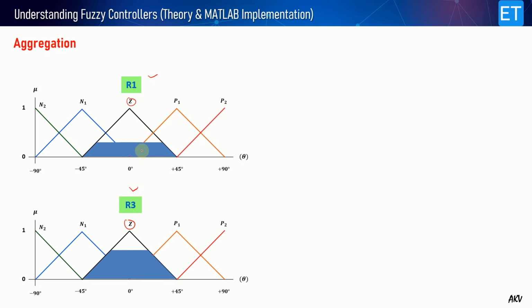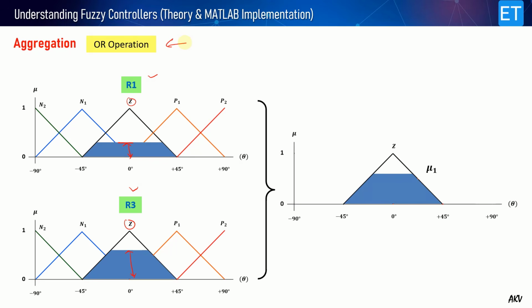In R1 we are getting this much height, in R3 we are getting this much height. Which one do we have to take? For aggregation we generally go for the OR operation. OR operation means the max operation, so we will take the maximum height, this one. Let's say this height is mu1, so that is my aggregation of the area under the Z.